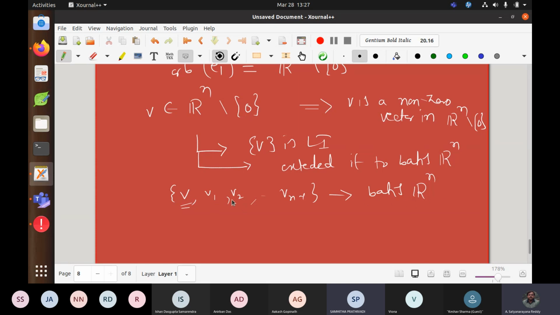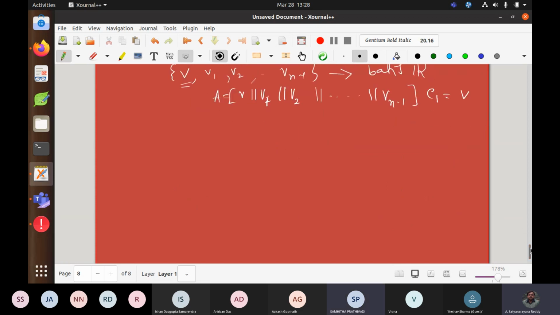I extended V to V, V1, V2, up to Vn minus 1, the remaining n minus 1 vectors, such that this is a basis. Once it is a basis, I can convert it into a matrix: the first column is V, the second column is V1, the third column is V2, and so on, and the last column is Vn minus 1. This is my matrix. If I multiply it by E1, I'll get V. Got it. Yes, sir. Thank you.